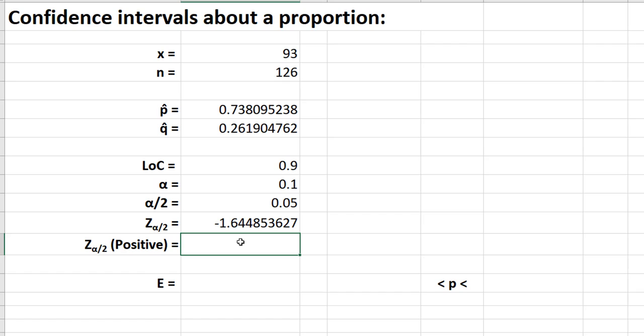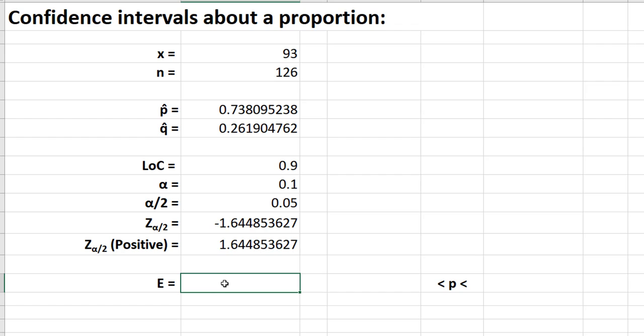We haven't talked about the absolute value function yet. It's a canned function. It's built into Excel, and we just use ABS for absolute value. So that equals ABS, open parenthesis, click on the cell with the z sub alpha over 2 that's negative, close my parenthesis and press enter, and you'll see it just gives me the positive result.